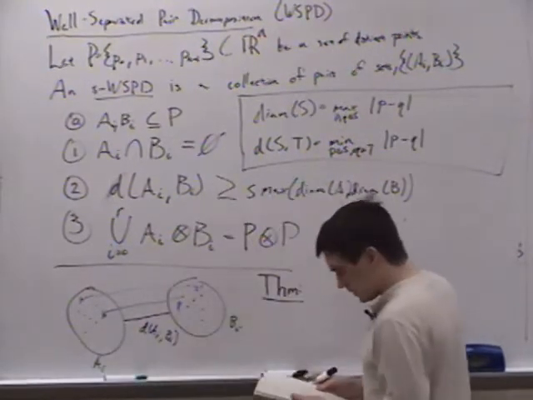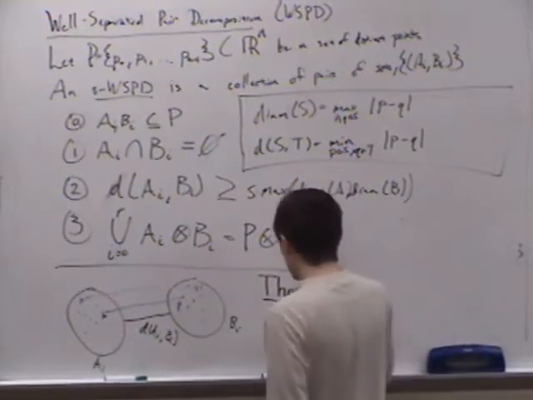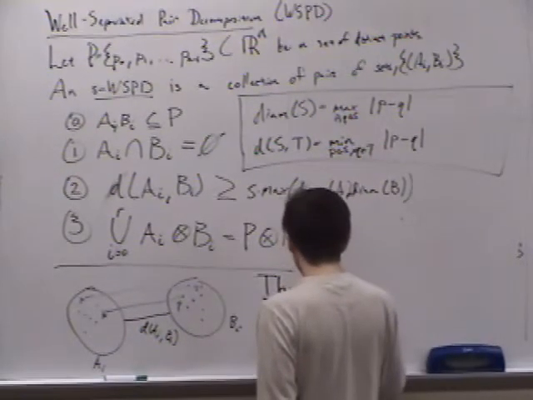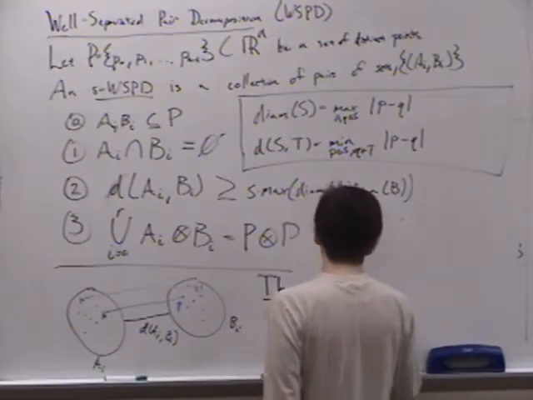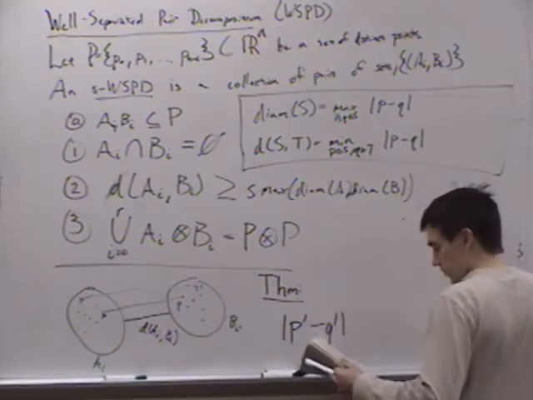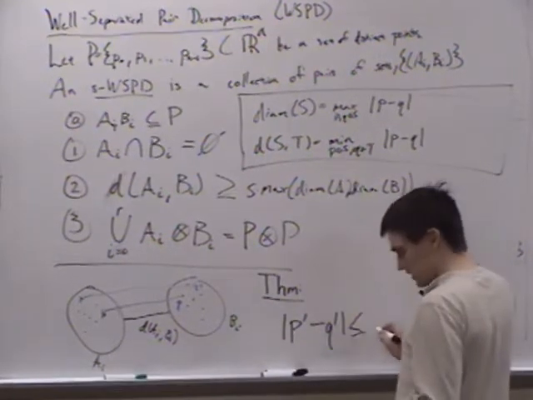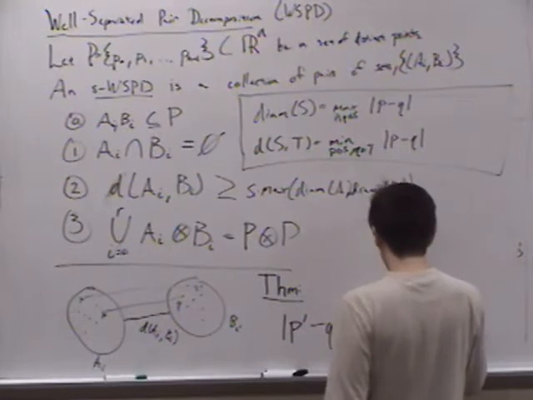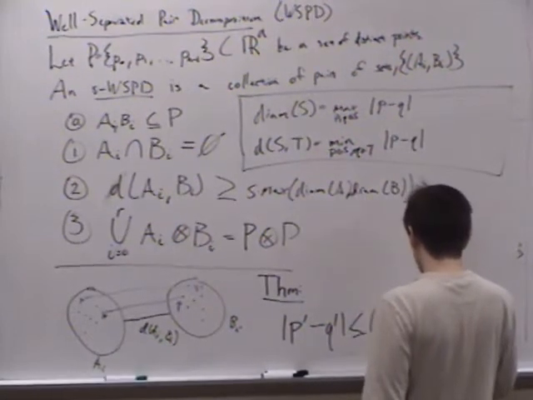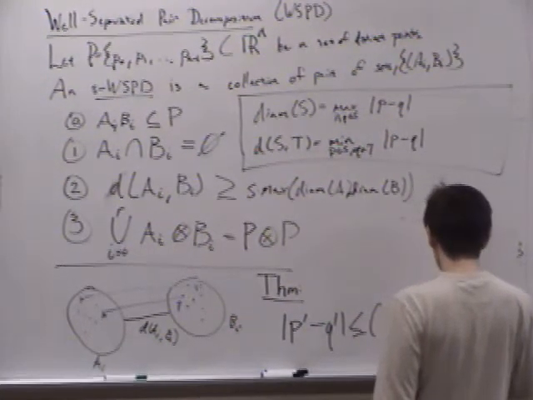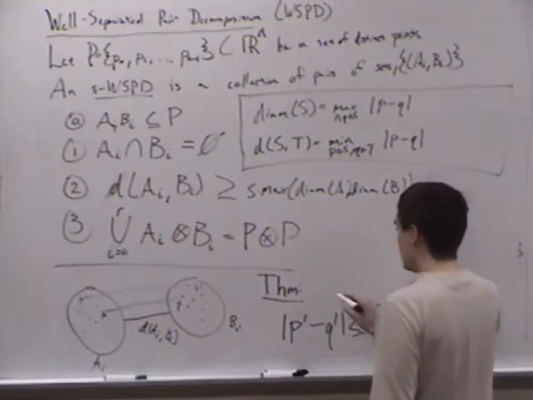This is sort of the fundamental property of what makes a well-separated pair decomposition tick: that the distance between P prime and Q prime is less than or equal to 1 plus 4 over S times the distance between P and Q.